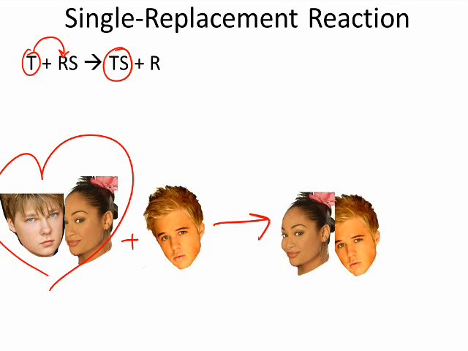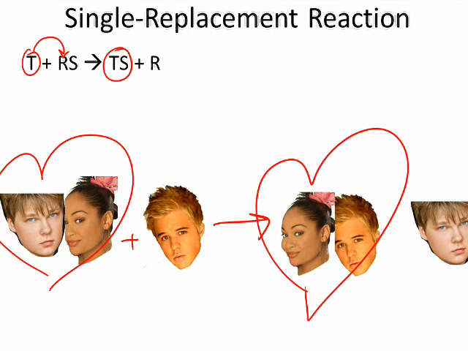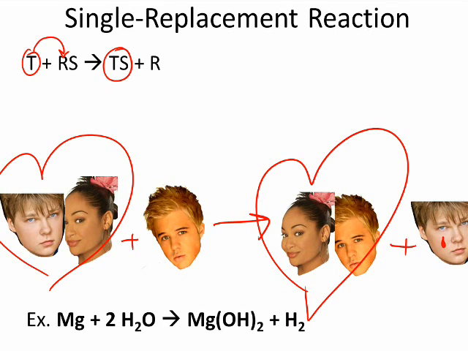And there we have a new couple. And poor Austin is out there on his own. Poor guy. An example here is we have magnesium come in, kick out the hydrogen, and now we have magnesium hydroxide plus hydrogen gas.